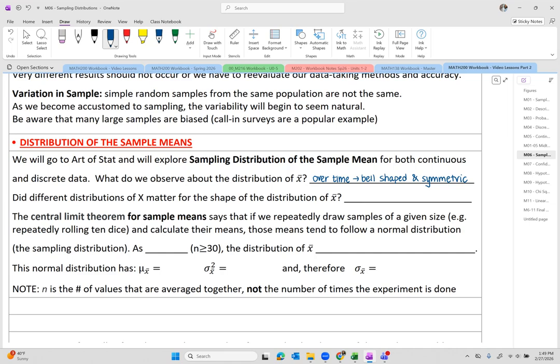Did the different distributions of X matter for the shape of the distribution of X bar? So when we had our uniform distribution lately, the last one, did that matter for the distribution of the sample mean? Not really. All of them happened to be bell-shaped and kind of symmetric.